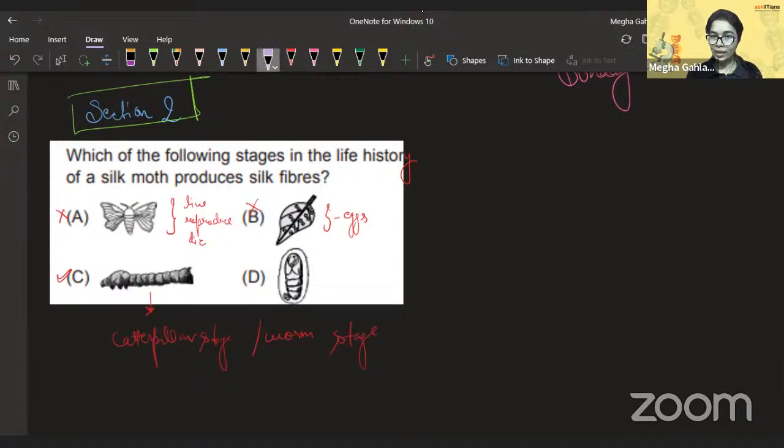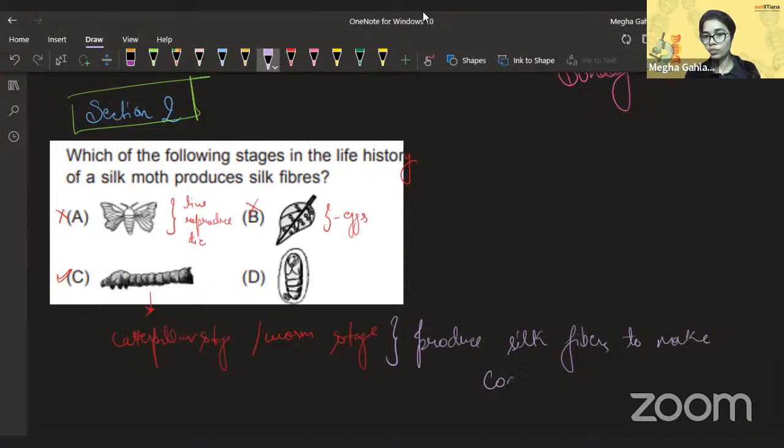Now, if you look at it, this is actually the stage where this particular physical form of the silk moth is going to produce silk fibers to make the cocoon, right? And that is where we get the silk fibers.